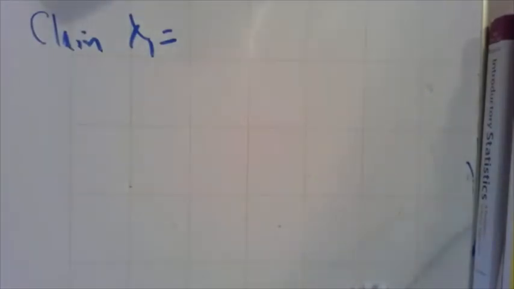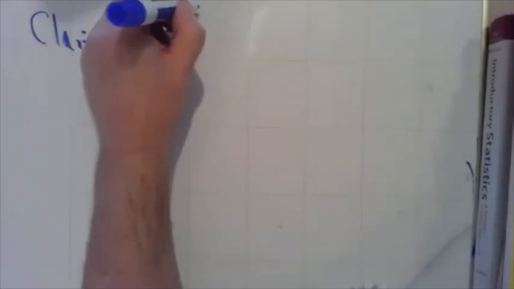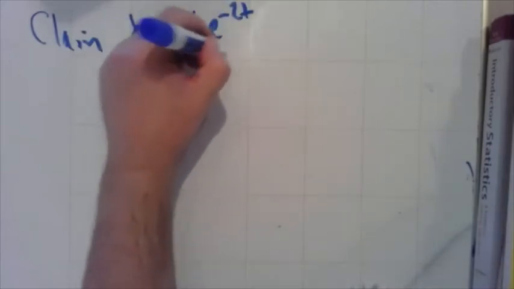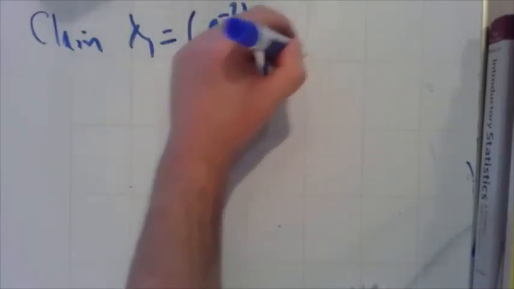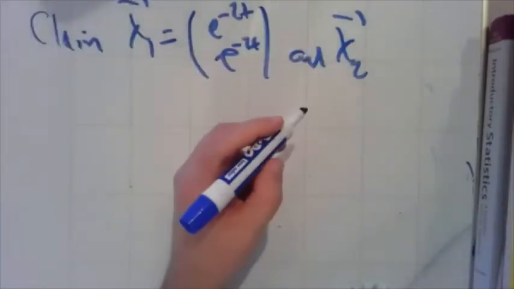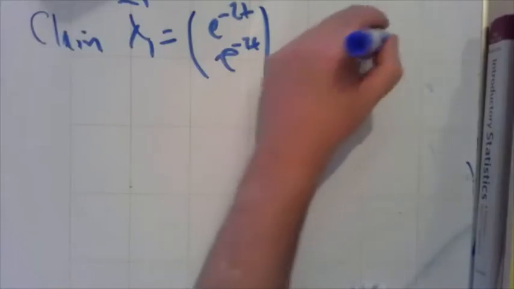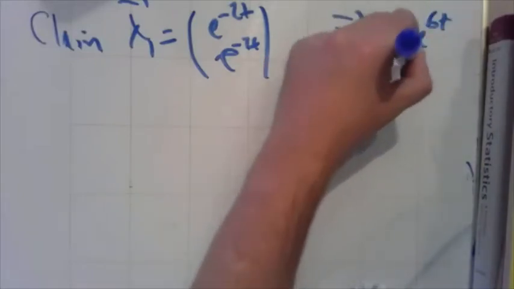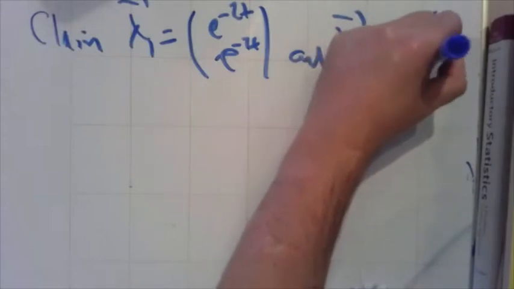Okay, so let's check those guys that we just had. I claim x1, what was he? e to the negative 2t, negative e to the negative 2t, and x2, what was he? 3e to the 6t, 5e to the 6t.